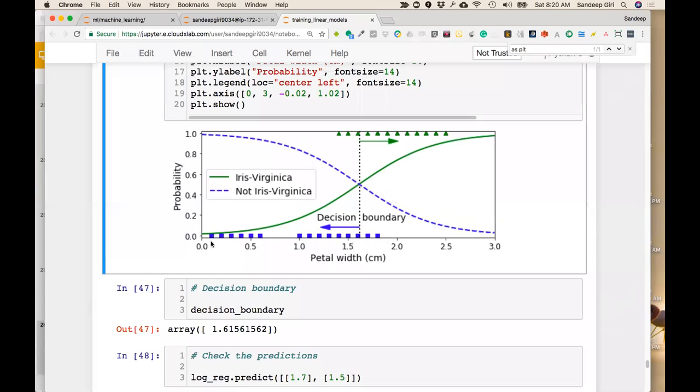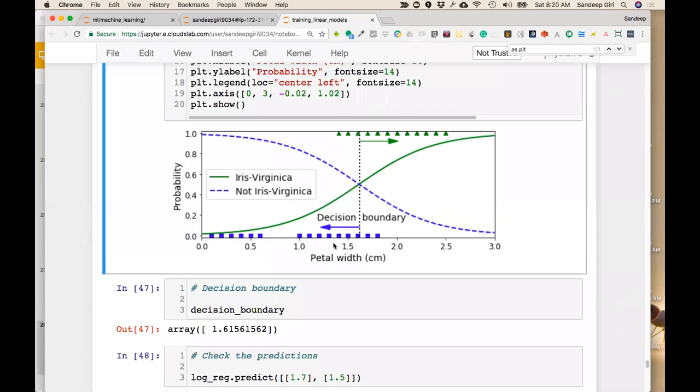The probability of a flower being Iris virginica is low here. So this is good. High here, this is also good. The only problem is here, the decision boundary.